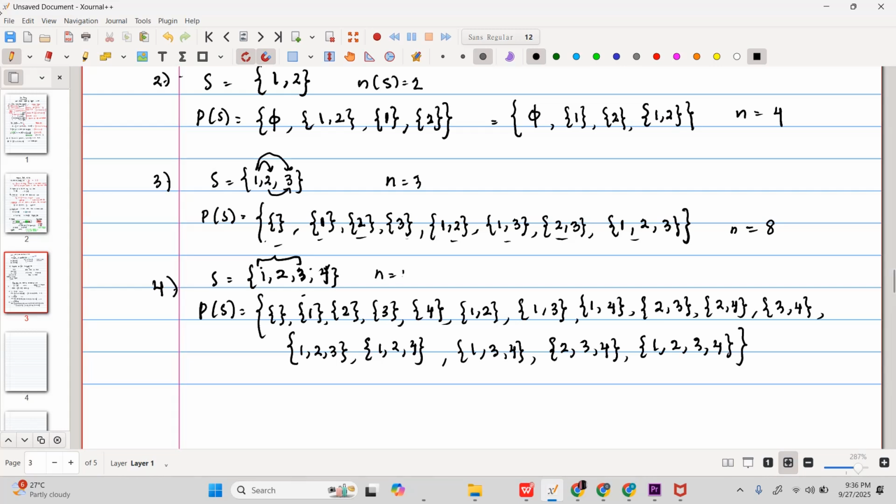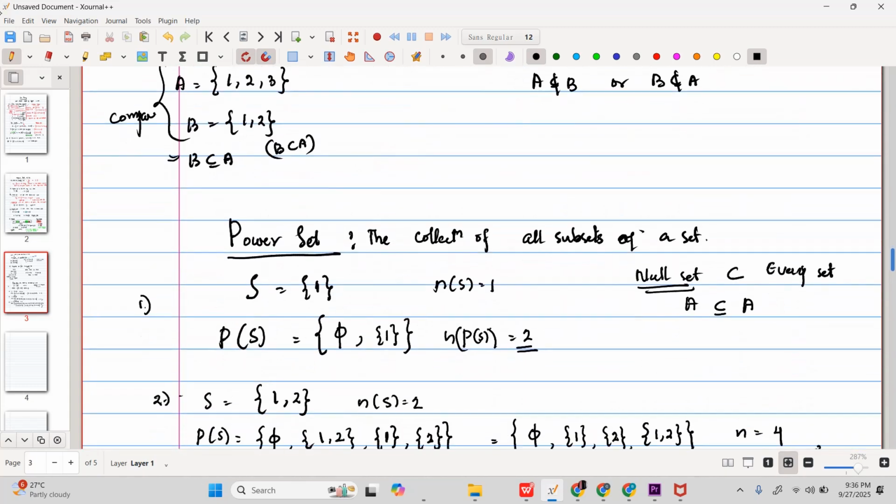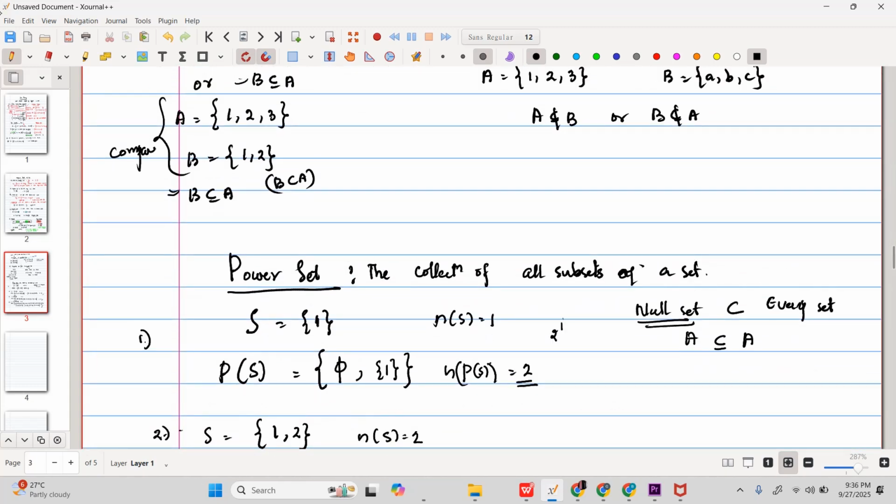And if it is 4, then P(S) contains 16 elements. So actually this is 2 raised to 4, 2 raised to 3, 2 raised to 2, and this is 2 raised to 1.